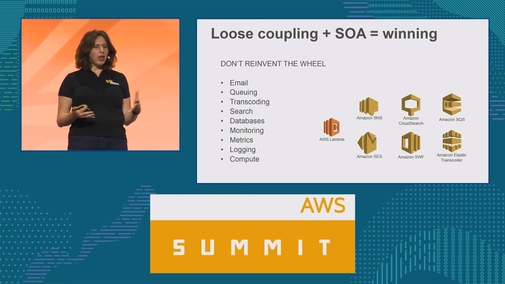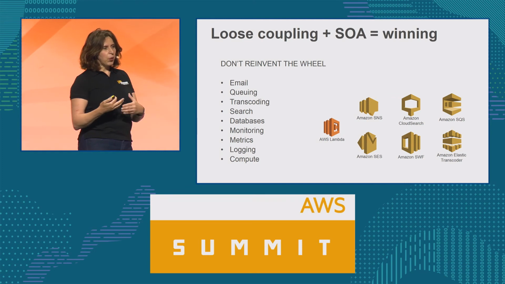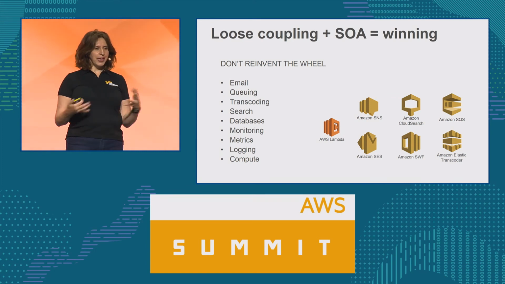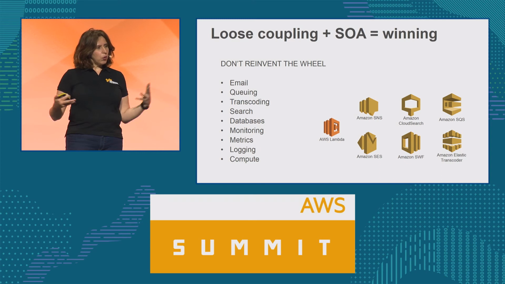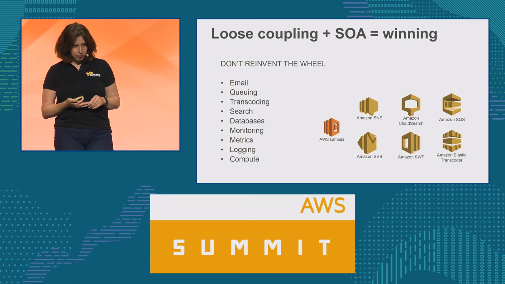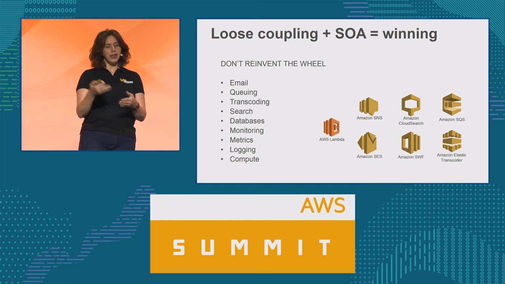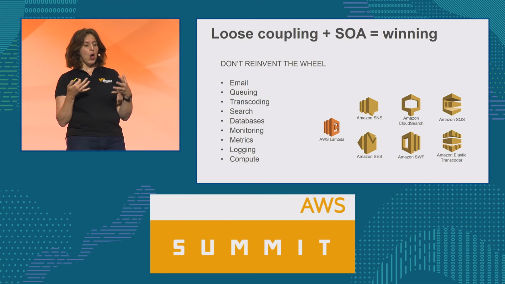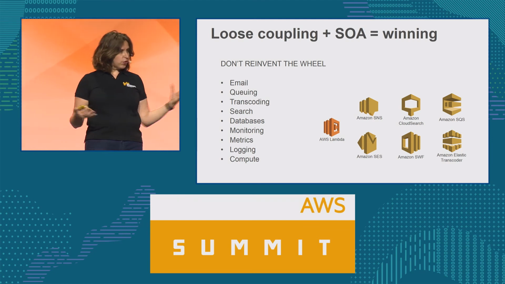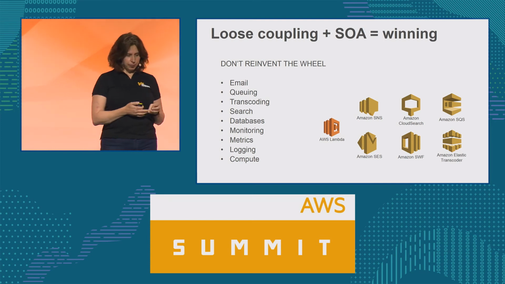But in order to be able to do that with your application, you need a way of loosely coupling, but also managing those interactions. And again, there's a whole load of building blocks and services on the AWS platform that you can use to do that. We've listed some of them here. Notification service and SQS, the queuing service, are both obvious answers to that interaction between these loosely coupled services.